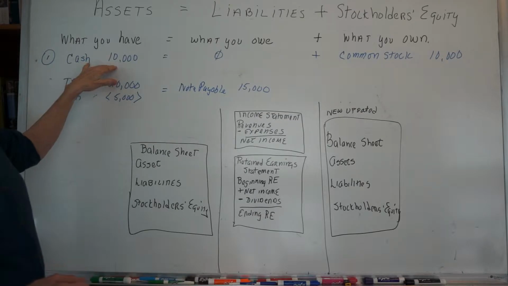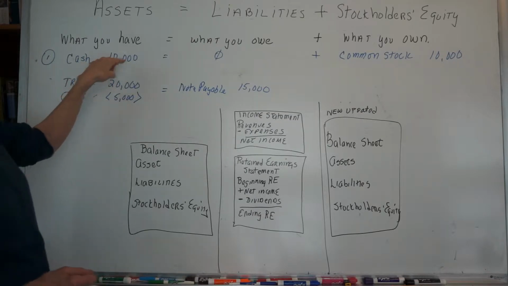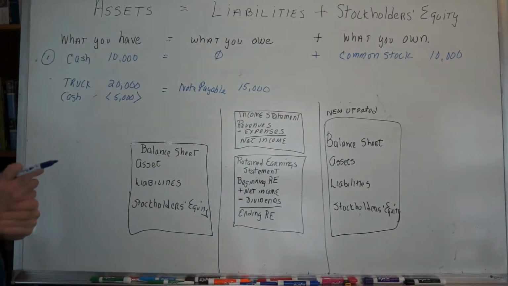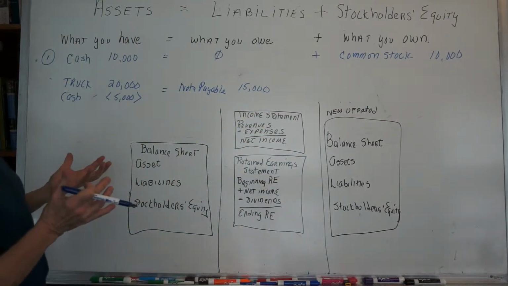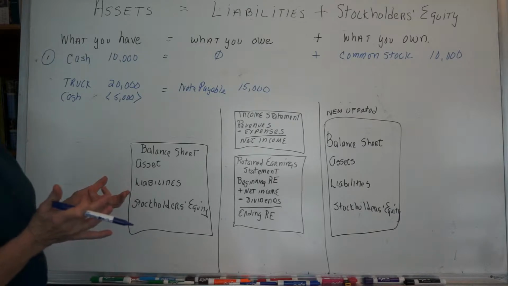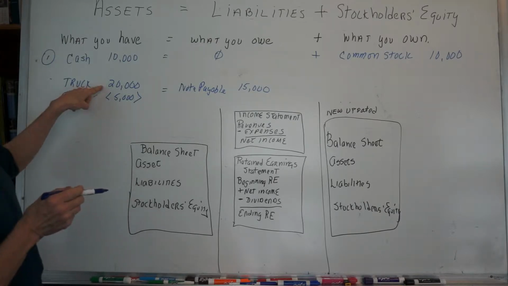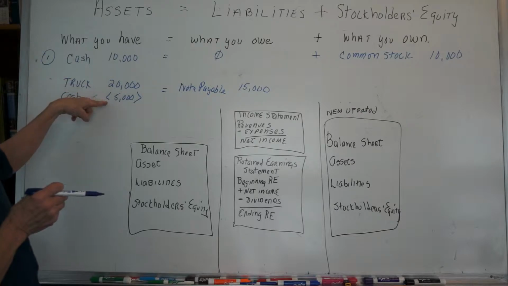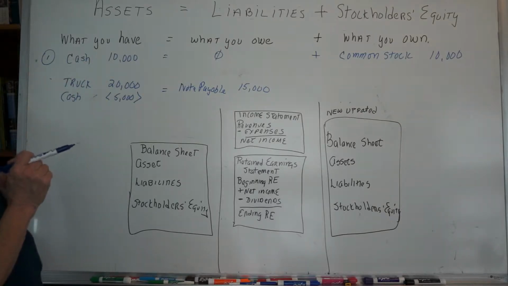That kept our accounting equation so that this equals that plus that. Now we go and buy a truck. A truck is an asset. It's going to provide us future economic benefit. So we bought a truck that cost $20,000. We paid $5,000 cash. Okay, so now our cash has come down $5,000, so we've got $5,000 left in cash, and we've got the $20,000 truck.